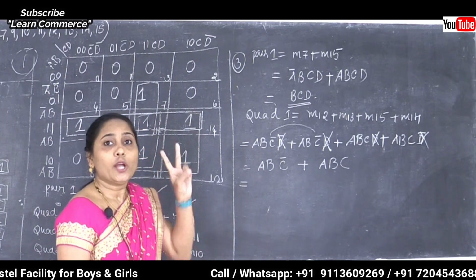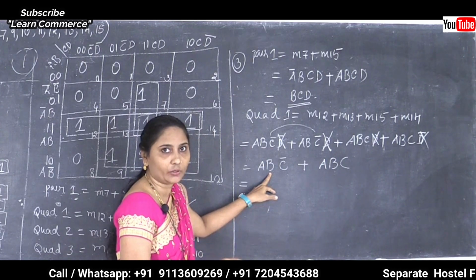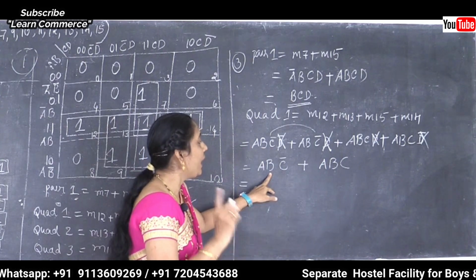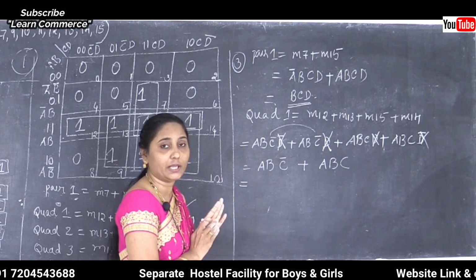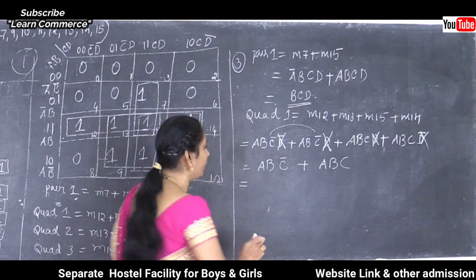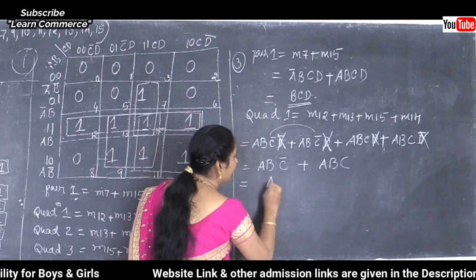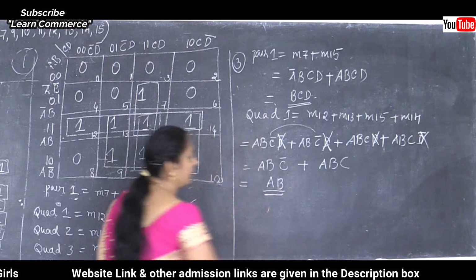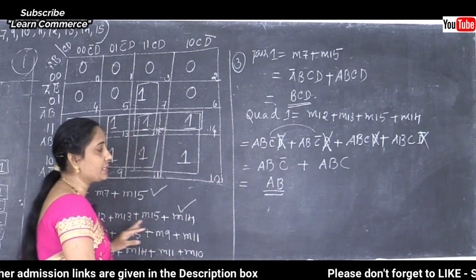The quad removes 2 variables. Still here the one variable we already removed, correct? Here the D variable we removed. Now we need to remove one more variable. We know that the final result we will get in 2 variables only. So when you think about this result, we will get the answer A, B. Clear this point here? So the complement C and C is going to be removed in this example.